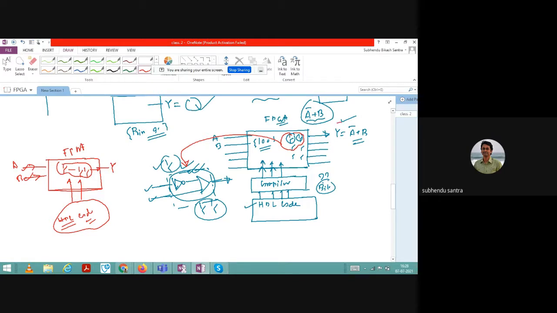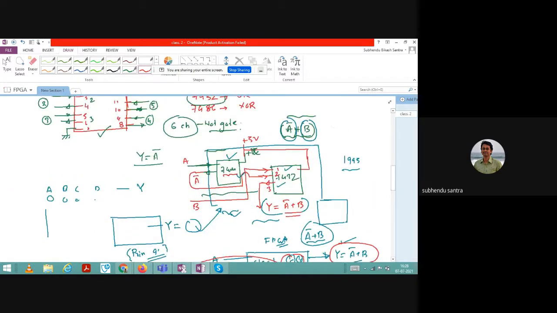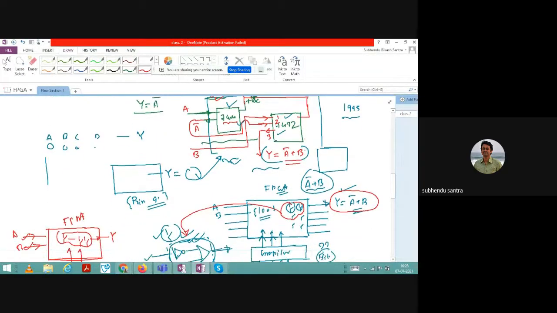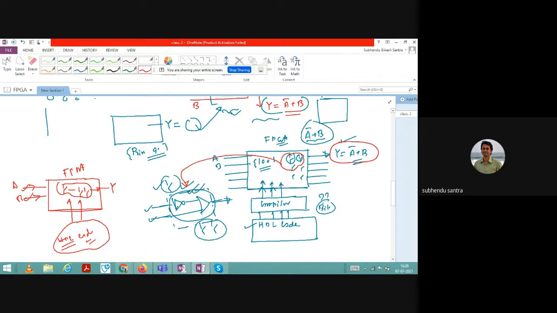I have a simple function, and I generate this circuit, which I can use successfully. It also gives you the same output, but the space requirement and complexity are more, whereas I can do the same work using this FPGA and the space requirement is quite less.